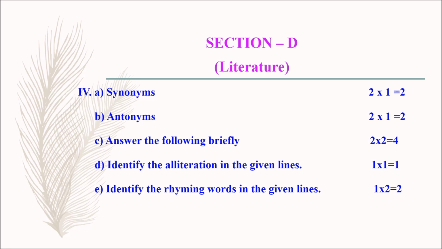Here they will give you 2 synonyms. Each carries 1 mark. So overall 2 marks for synonyms. Next one is antonyms. Here they will give you 2 antonyms. Each carries 1 mark. So overall 2 marks for antonyms.